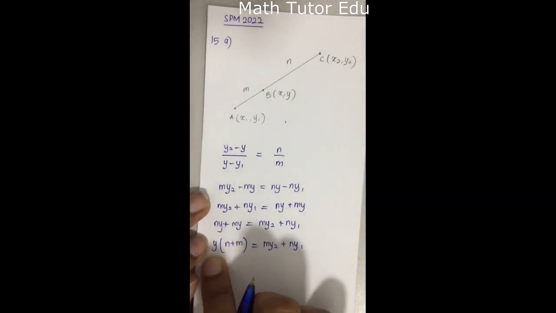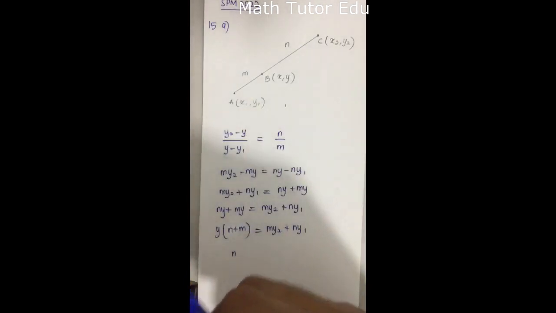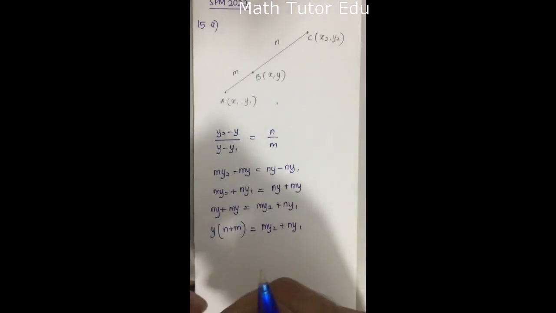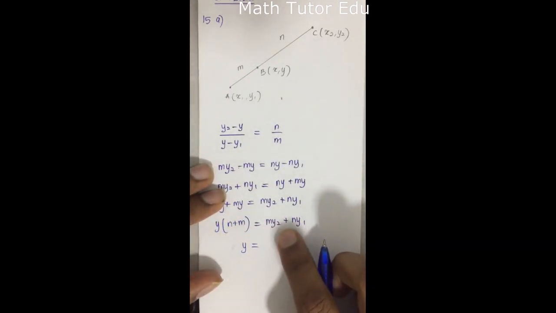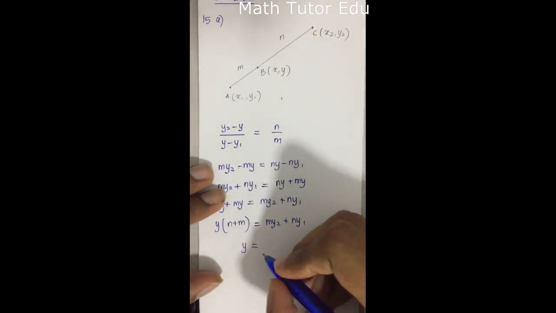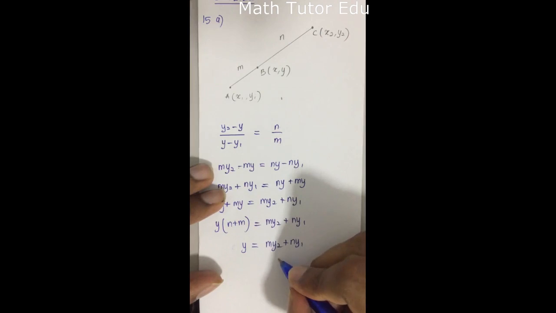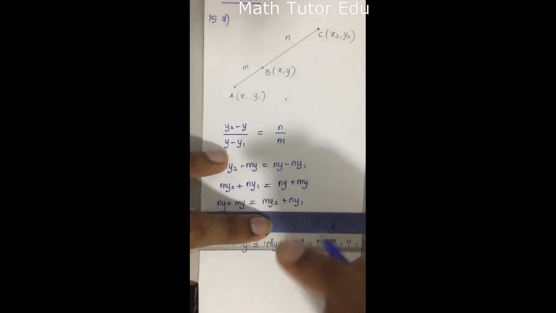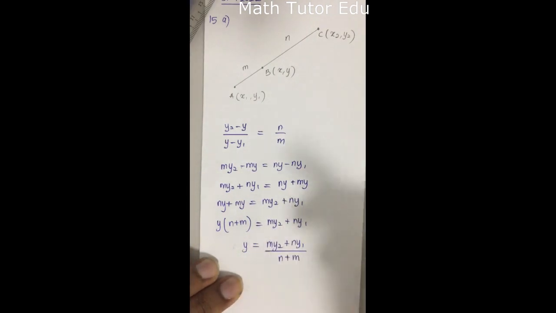Okay, so from here to get the Y coordinate, what you do, MY2 plus NY1, you divide with N plus M. So from here you get your answer: MY2 plus NY1 divide with N plus M. If you wish to write NY1 first, also can, guys.